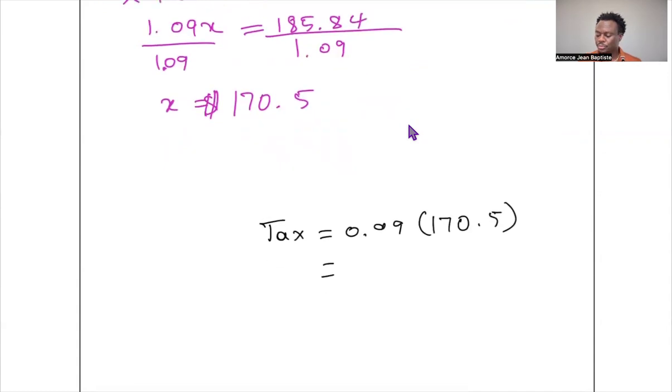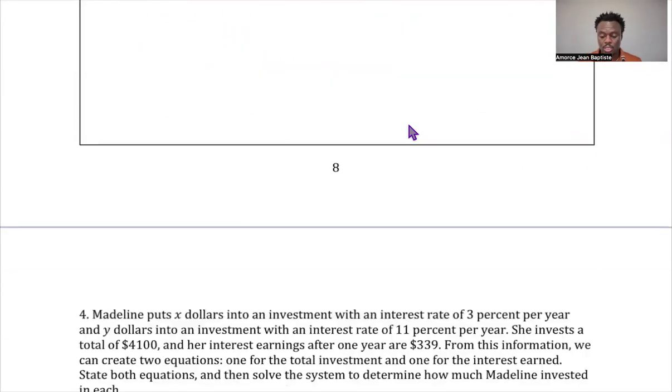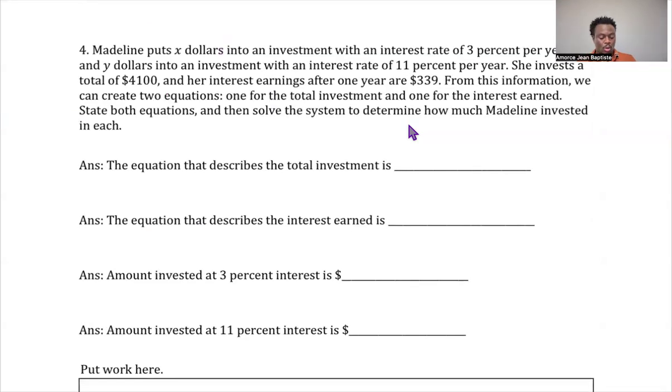So tax will be 170.5 times 0.09, that's 15.345 dollars. Well, that's a side question. That's why I put it in a different color, because it wasn't asked of us. It's just me extending the actual problem.